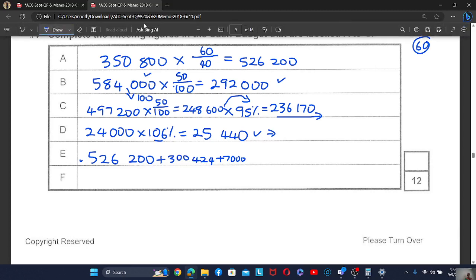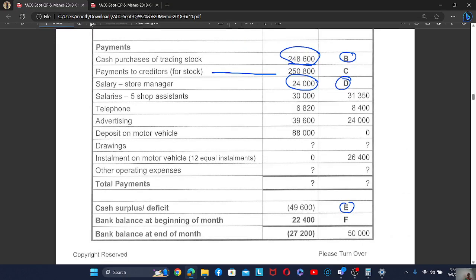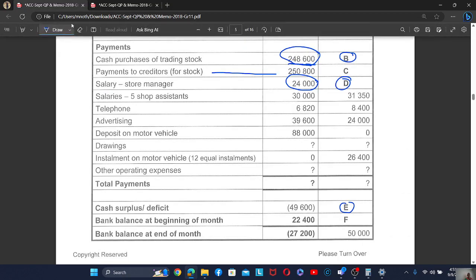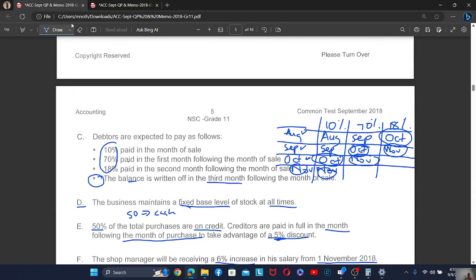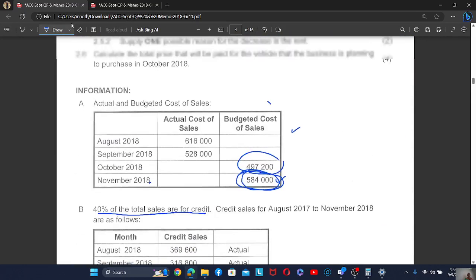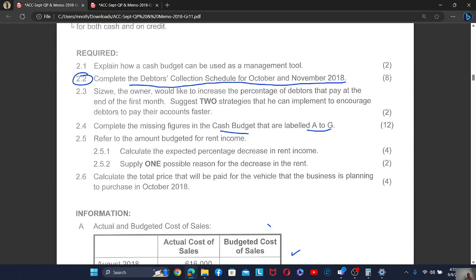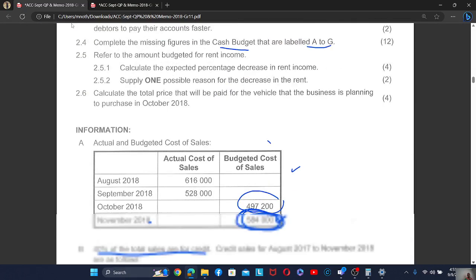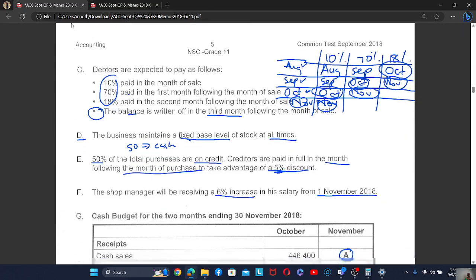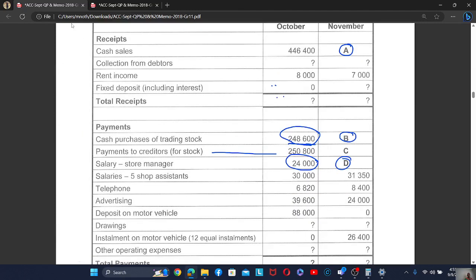They did not say anything. Okay, let me check. Okay, they did not say anything about the fixed deposit. So, but maybe there was no fixed deposit.